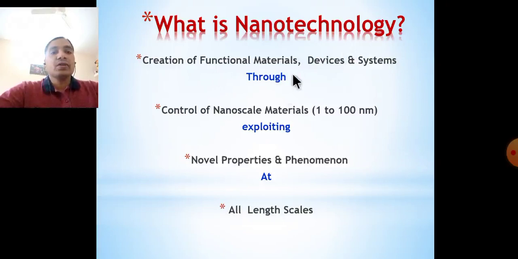It is the creation of functional material, devices and systems through control of material at nanoscale, that is 1 to 100 nanometer, exploiting novel properties and phenomena at that length scale. Nanotechnology mainly consists of processing, separation, consolidation and deformation of material by one atom or by one molecule.